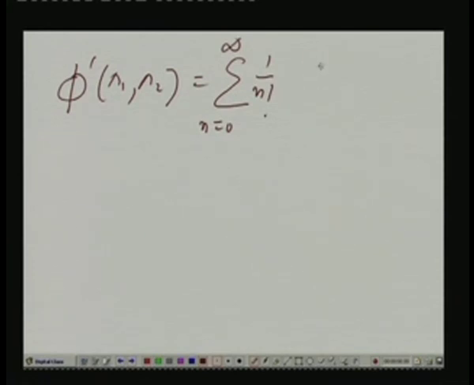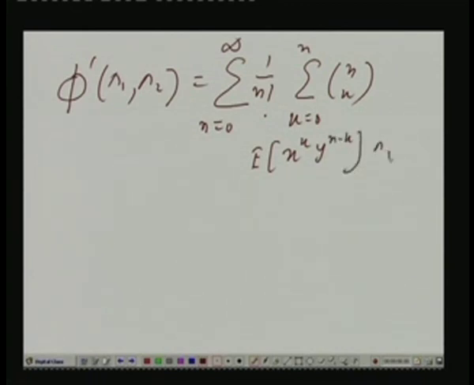As you know, we have already seen that phi prime, this we have already seen, right, and I am interested in finding out E x square y square.